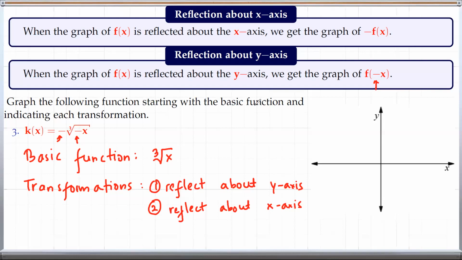So we start by graphing the basic function, which is cubic root of x, and that looks like this one. This is the graph of cubic root of x. And then the first transformation is to reflect about y-axis. So reflect about y-axis. That point will go over here. This point will go over here. So it will look something like this one.